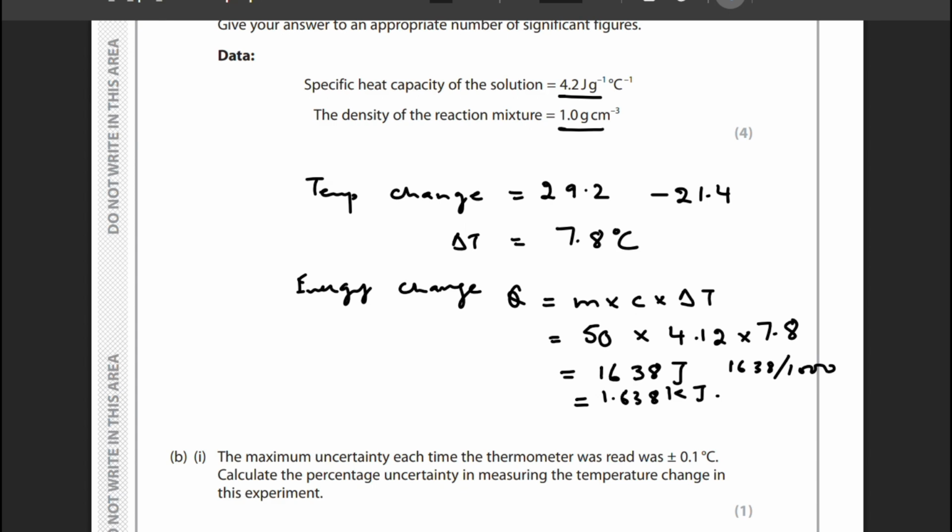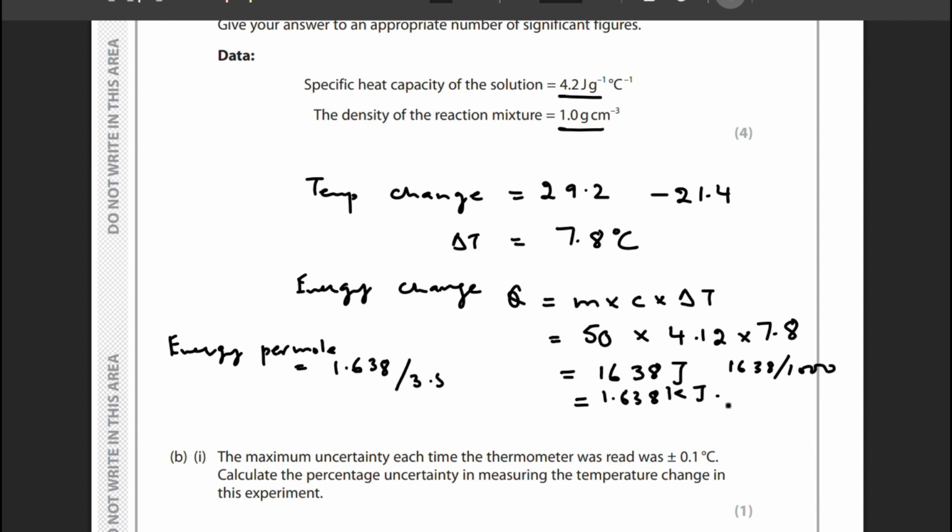And because you need to calculate the energy per mole, you have 1.638. So you will divide this with the number of moles which you have calculated.